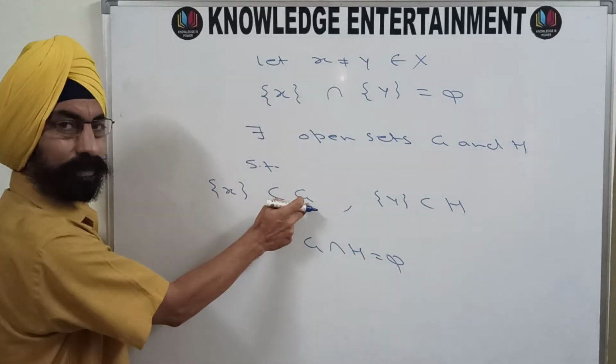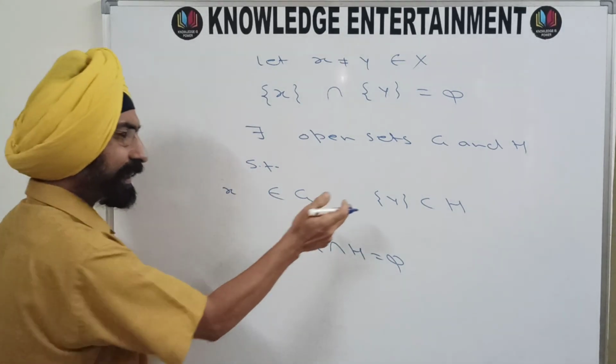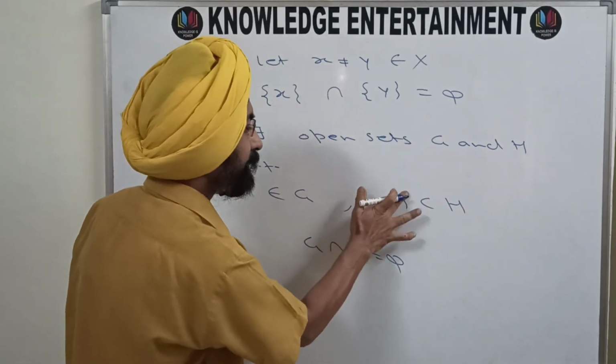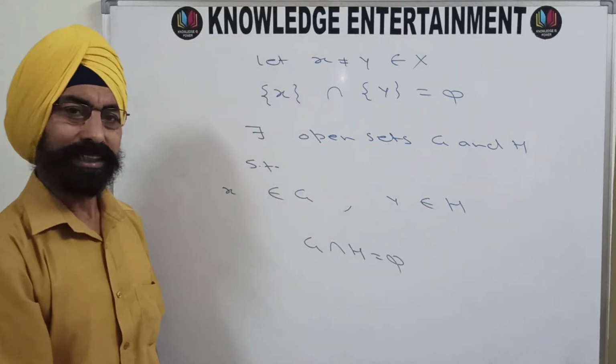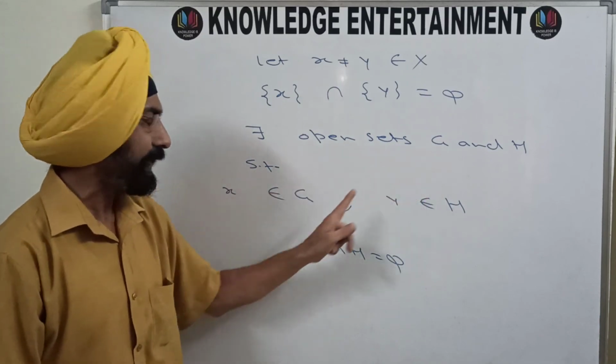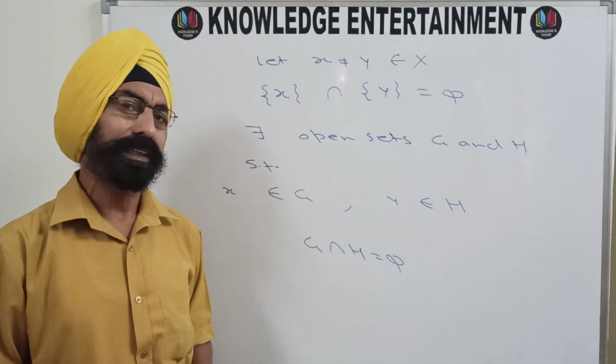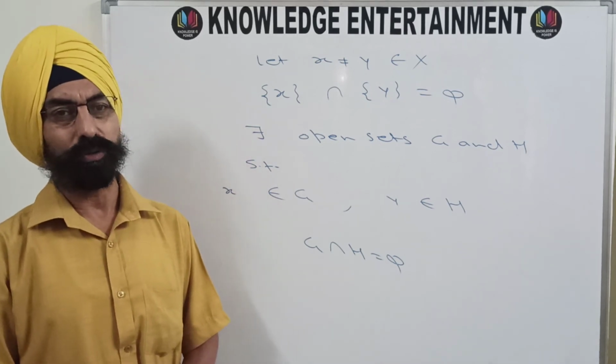The set X contained in G means the element X belongs to G. The set Y contained in H means the element Y belongs to H. So for distinct elements X and Y, you are having open sets G and H such that X belongs to G, Y belongs to H, and G intersection H is phi, which means the topological space is Hausdorff.